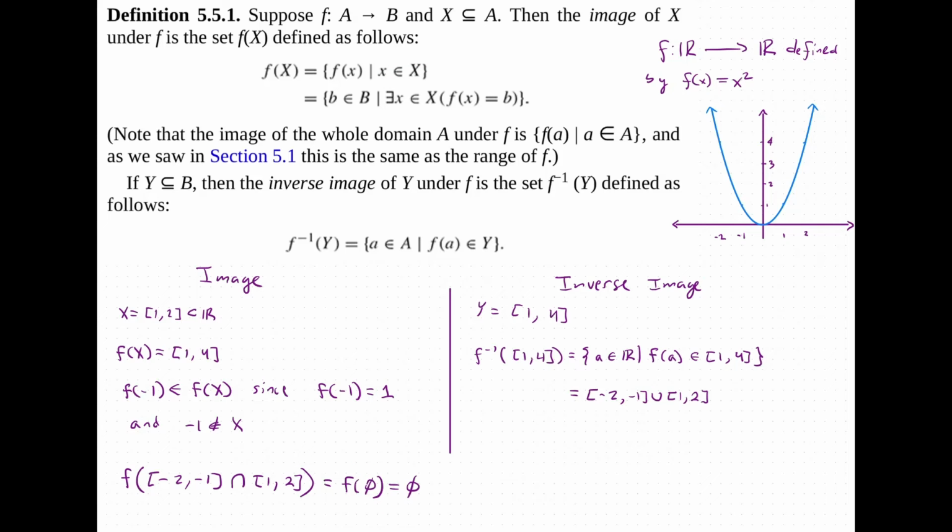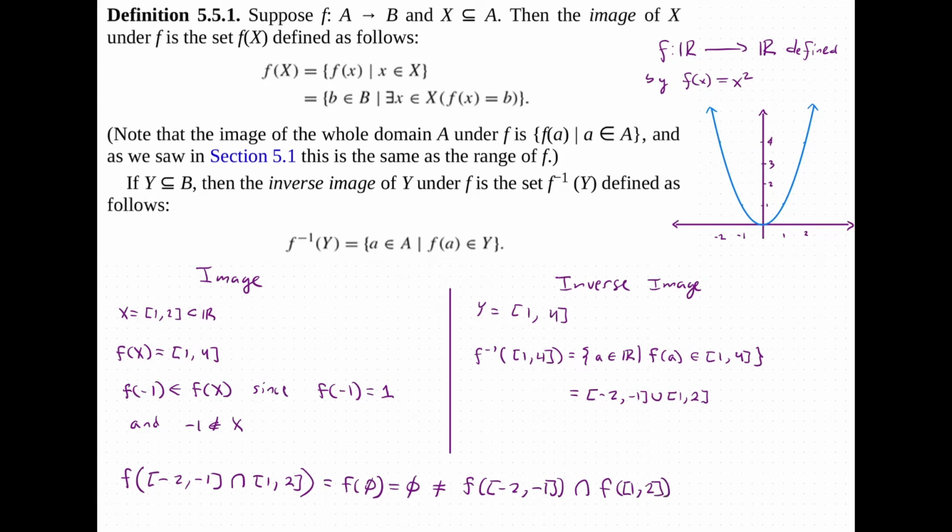And this is not equal to the intersection of the image of {-2, -1} intersected with the image of {1, 2}.